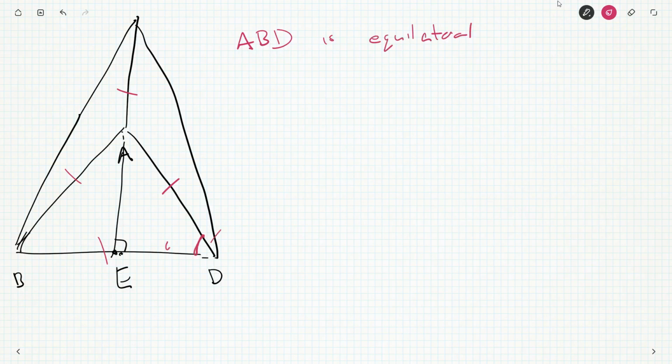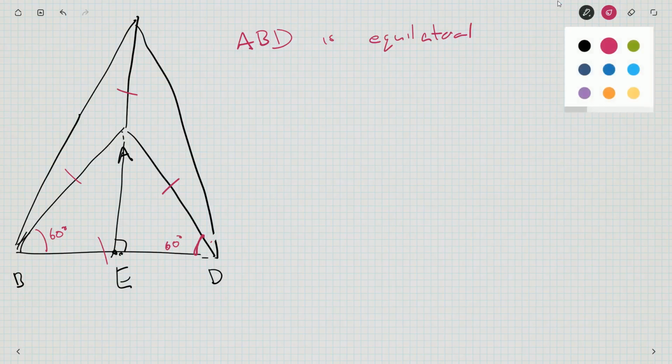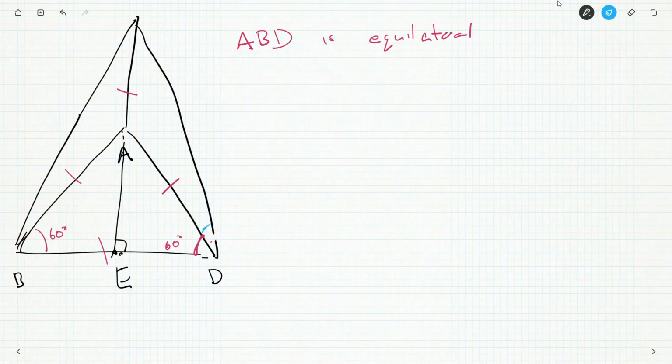So that puts 60-degree angles here. So if I knew what little bit was left over, maybe make it blue. If I knew this little bit over here, then we'd finally get to CDB, which is what we're looking for. Okay.